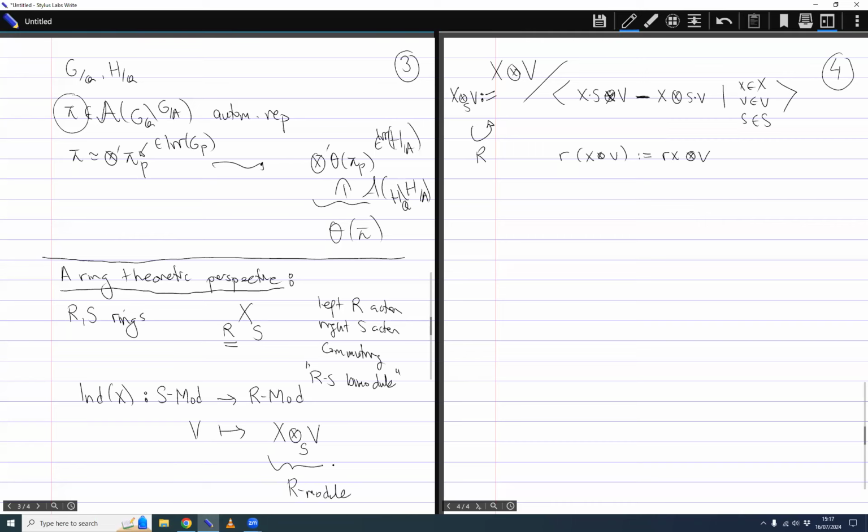This is a simple functor from the category of modules of one ring to the other, and I call it the induction functor due to the basic example.